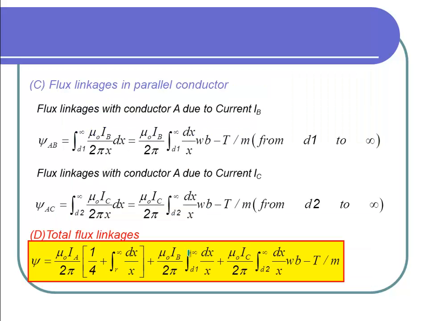Up to this, the solution is not complete because in a transmission line we do not have only one conductor. There are many conductors. For example, if it is a three-phase transmission system, then we may have 3 conductors.